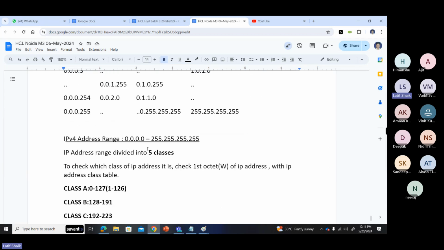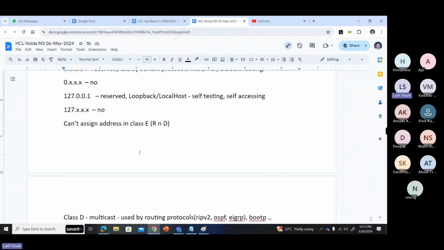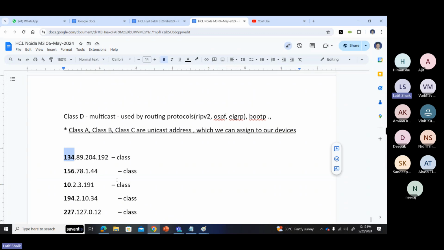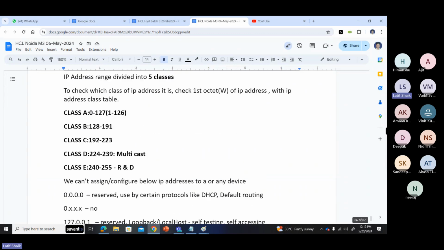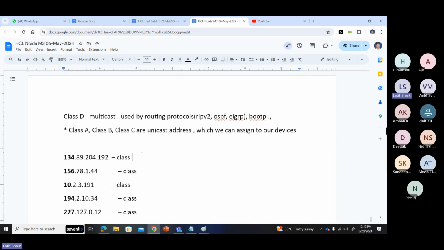Always see the first octet. If the first octet is 137, where is 137 in the ranges? 137 is in between 128 to 191, so it is a class B IP address.